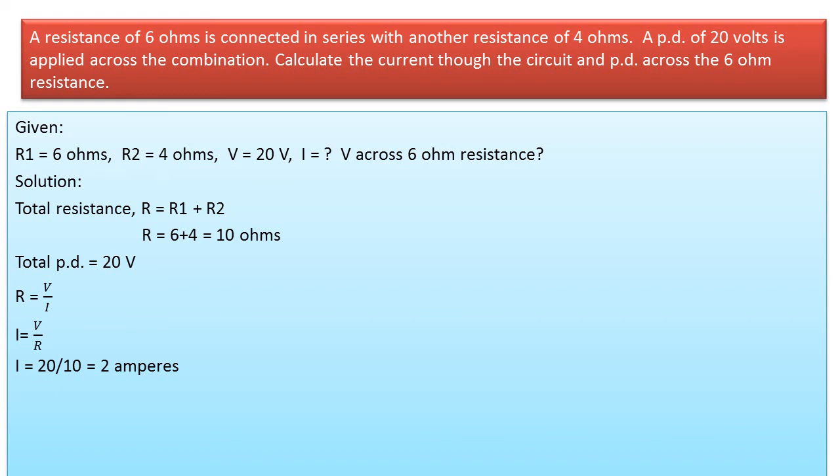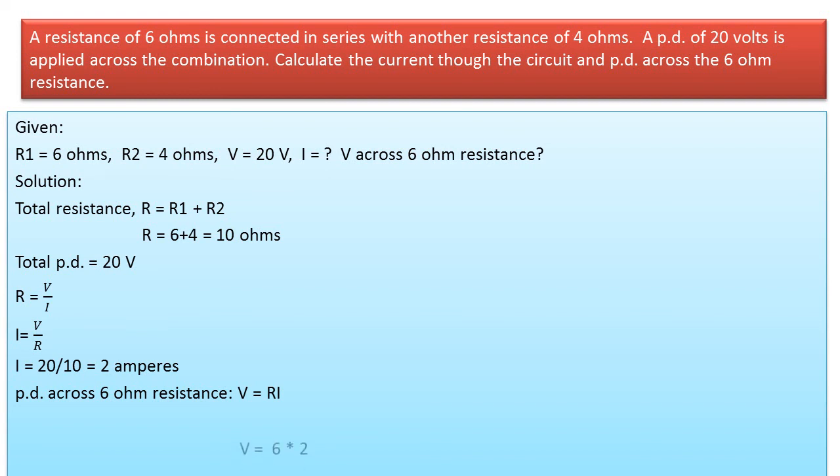Now we have calculated total current flowing through the circuit, but they have told you to find out potential difference applied across the 6 ohm resistor. Now here the value of resistance is known, that is 6 ohm. Value of potential difference is to be calculated, but we know the value of current also. And how much current is flowing through this 6 ohm resistor? Same as it is flowing through the entire circuit, that is 2 amperes, right?